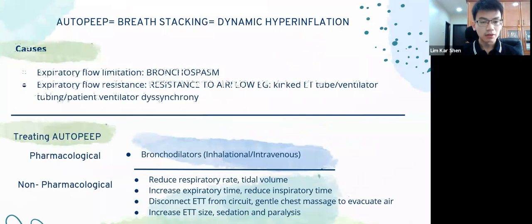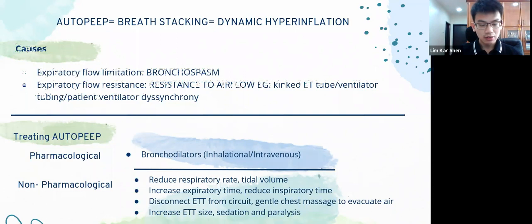Auto-PEEP. Causes of auto-PEEP can be due to bronchospasm, resistance to airflow, for example kinking of the ETT tube or ventilator tubing, or ventilator dyssynchrony. Treatment can be pharmacological and non-pharmacological. Pharmacological will be bronchodilators, either inhalational or intravenous.